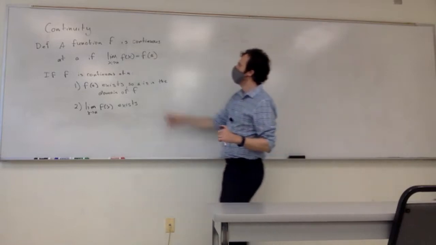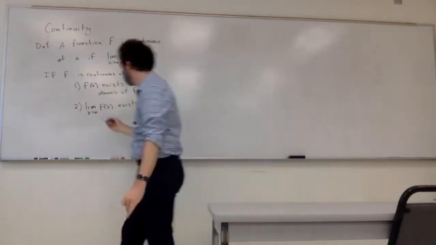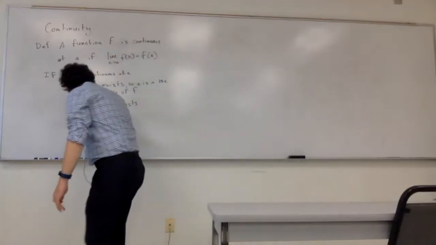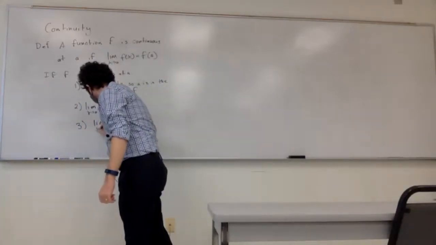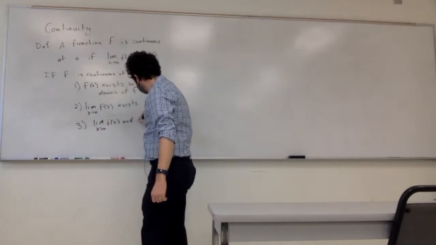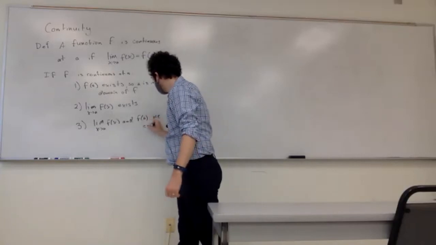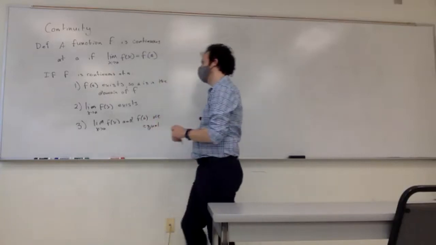So 1 and 2 say both sides of this equation are defined as numbers, and the third part is that the limit and the value of the function are actually the same.